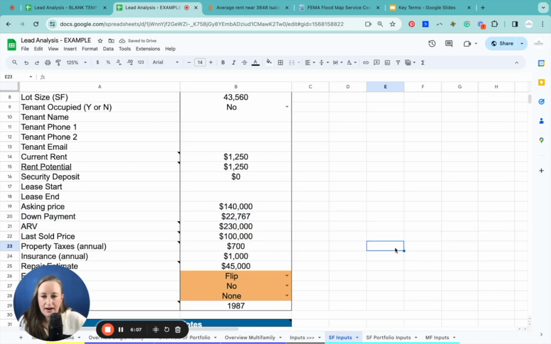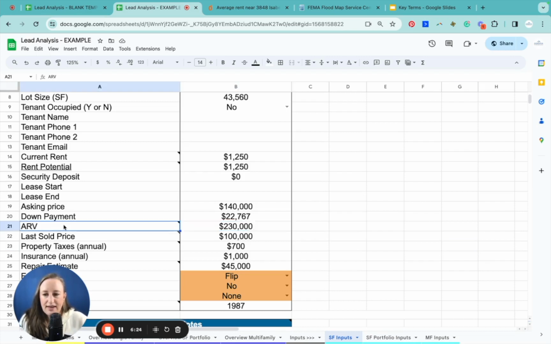Your after repair value, this is the value of the property after you've renovated it. So the best way to get this number is to talk to your realtor team and see if they can pull some comparables for you and provide you with an ARV.